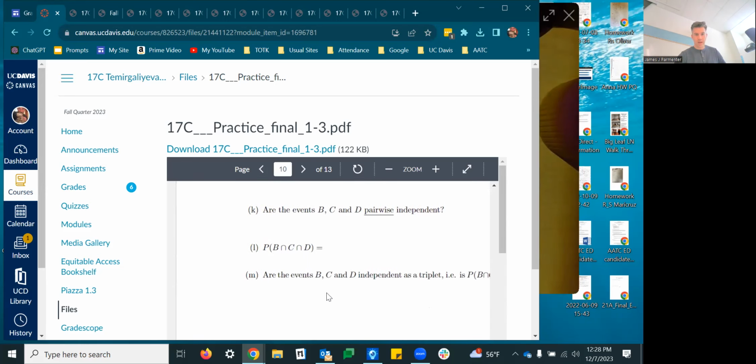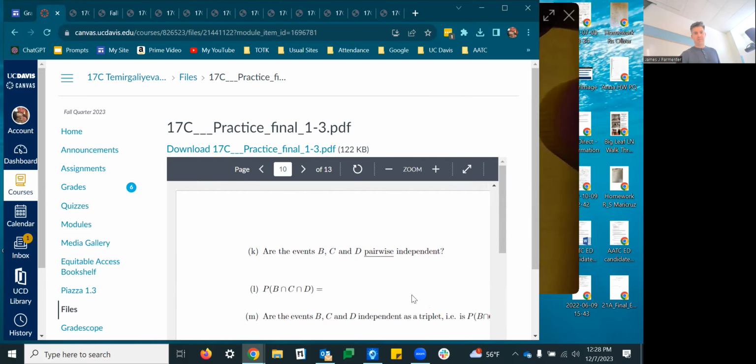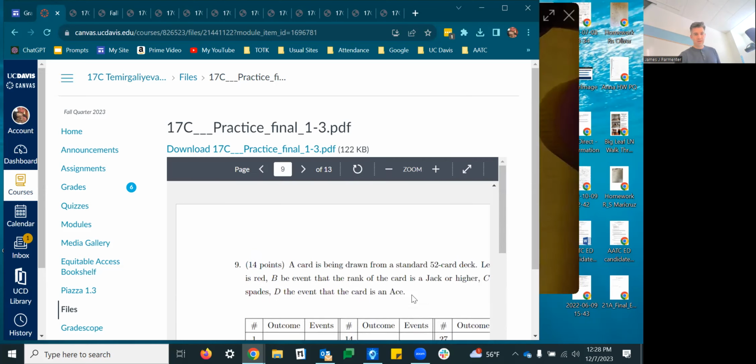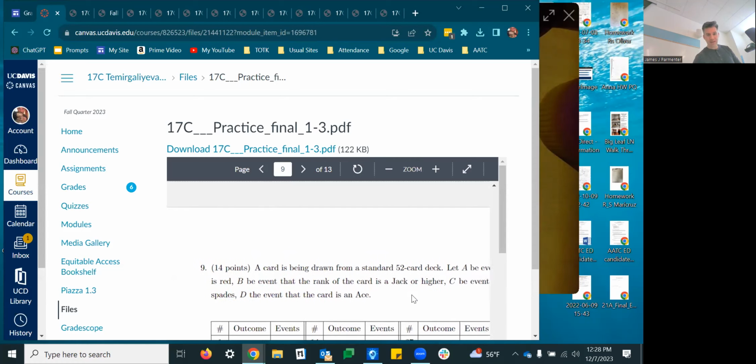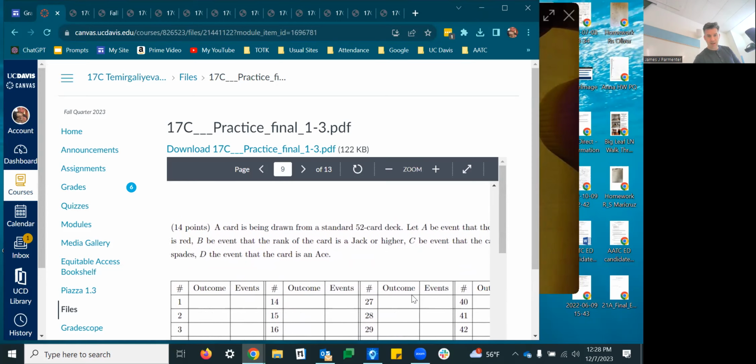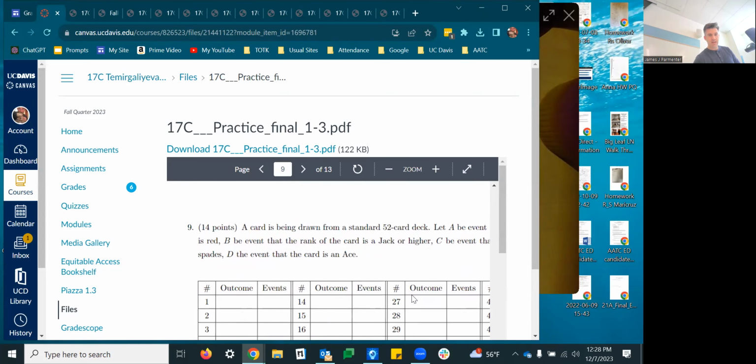So, question M. Are the events A and B independent? Okay, so let's go ahead and see what B and D are. Let's put some blank paper here. It seems a little bit challenging here. So event B is that the rank of the card is a jack or higher.